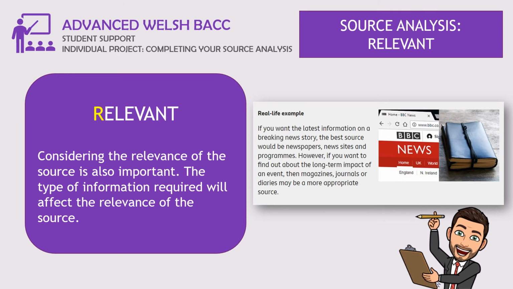So an example, if you've got a news story that you've read that has come from, let's say, Facebook, there's issues there with whether it's come from a relevant source. It might be that it had been shared and it has originally come from the BBC News, which would be your source, not Facebook. But it's just important to consider that it's coming from the right website.